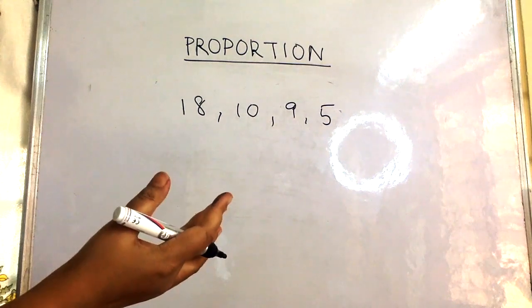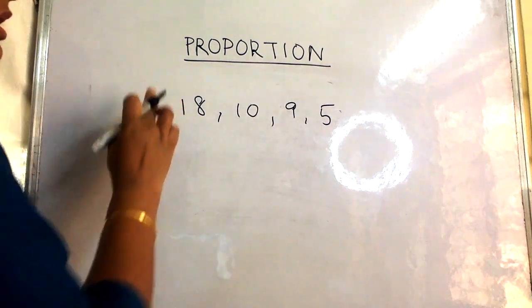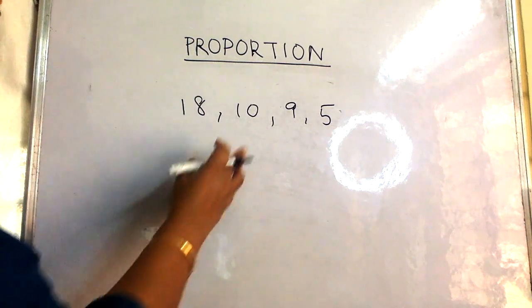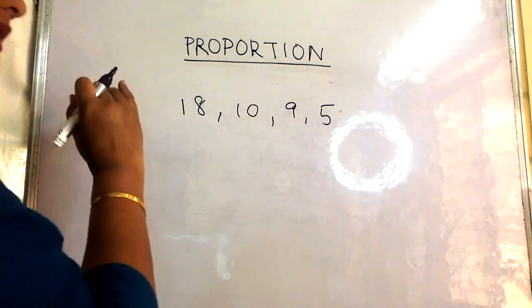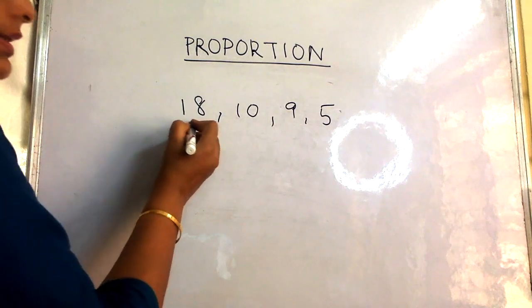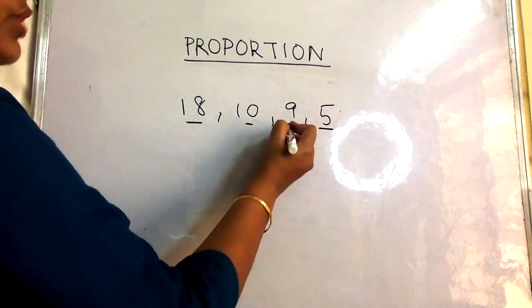There's no double dot here, nothing, but they write in a particular sequence. That itself tells us that this one and this one are the extremes and these two are the means.